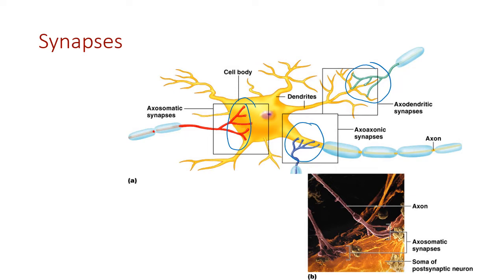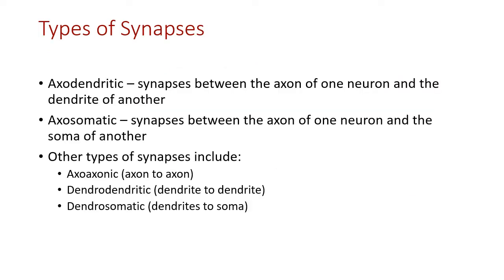Essentially anywhere where that axon can make a connection, we can potentially have a synapse that's there. And so axodendritic, obviously between the axon and the dendrite, axosomatic between the axon and the cell body, the soma. And then some other less common ones, we have things like axoaxonic communication, dendrodendritic, and dendrosomatic.